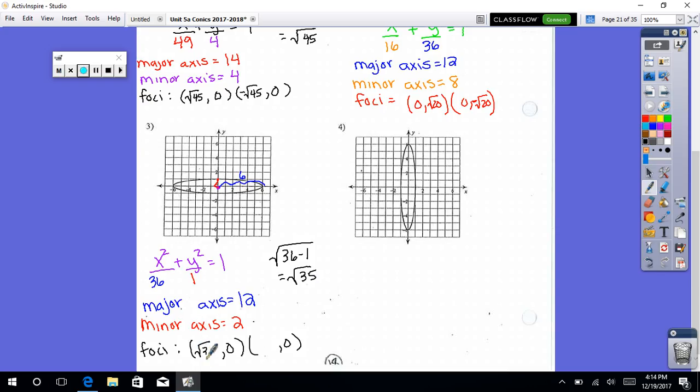Okay, so I have positive square root of 35, negative square root of 35. Okay, the square root of 35 is 5 point something. 5.9. So they are literally way out here, almost to the 6. So almost to these outermost vertices.